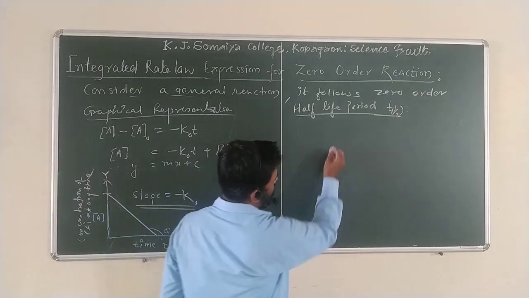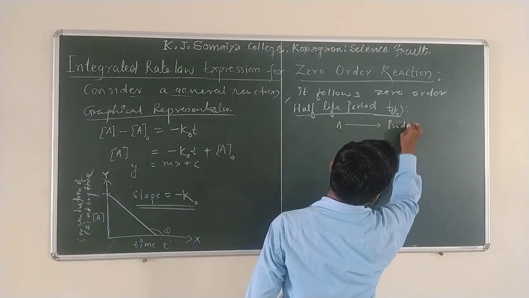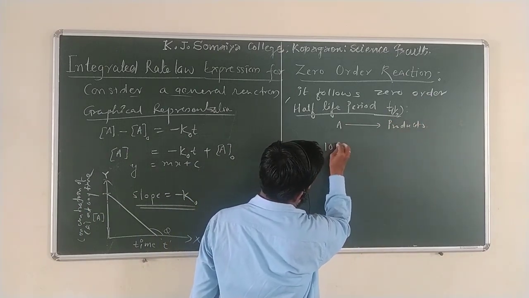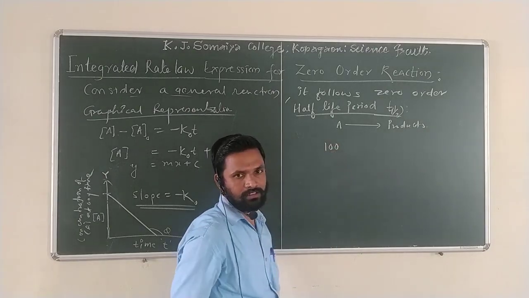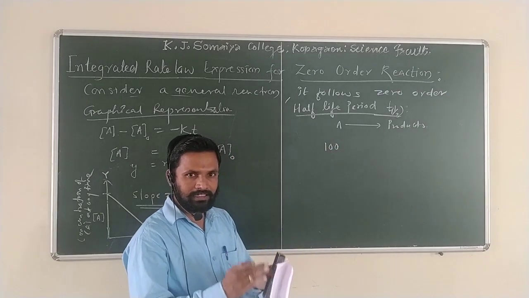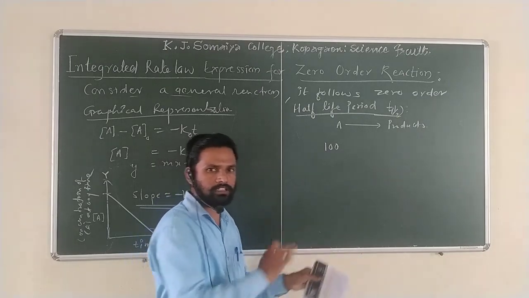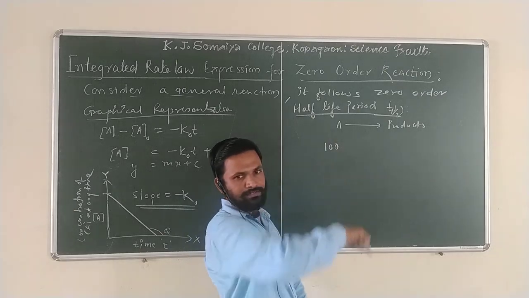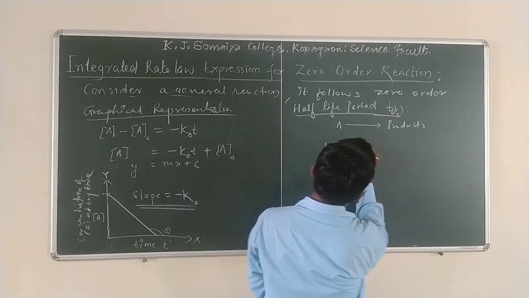Let us consider the reaction A to the product P, the same reaction we already considered. Initially, let us consider 100 molecules are there. The half-life period is the time required to complete half of its initial concentration. Initially 100 molecules are taken, so at what concentration do we take the time? This will become 50.